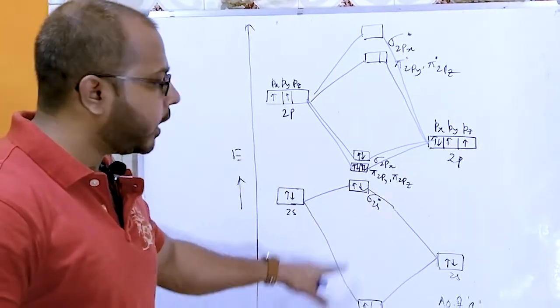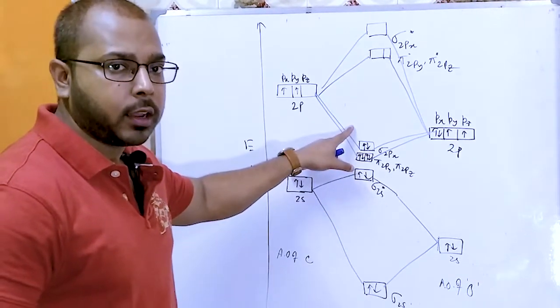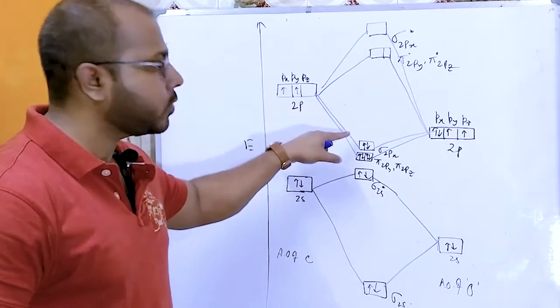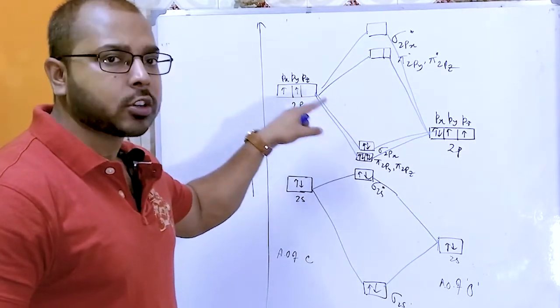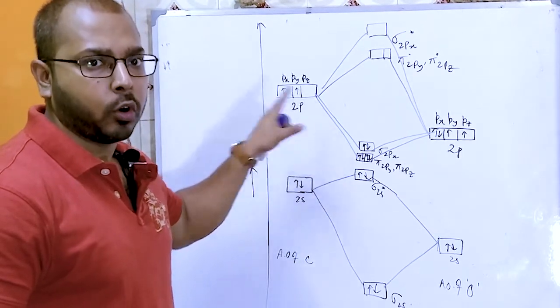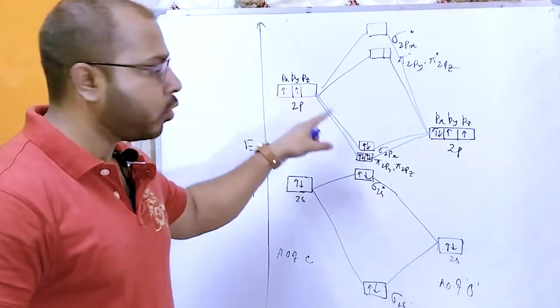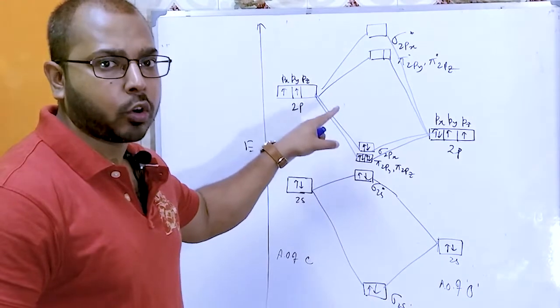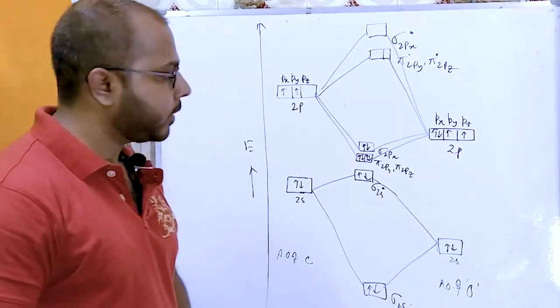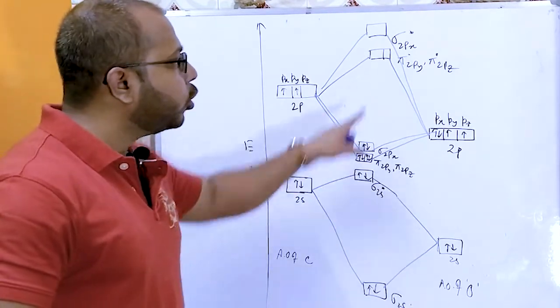So here 1, 2, 3, 4, 5, 6. This is occupied, but this energy is higher. That's why it is called the highest occupied molecular orbital or HOMO. And LUMO is this one.